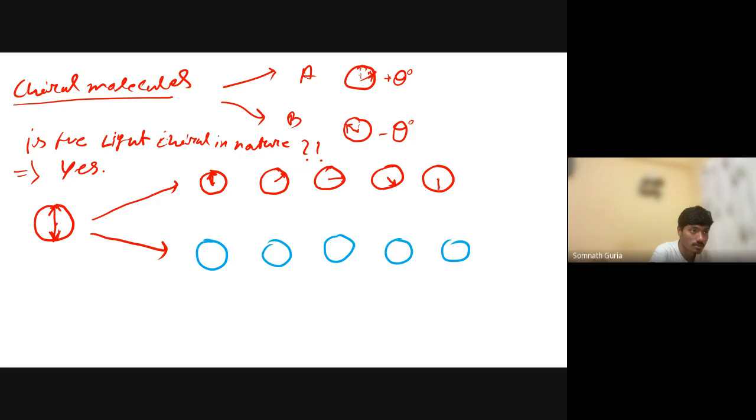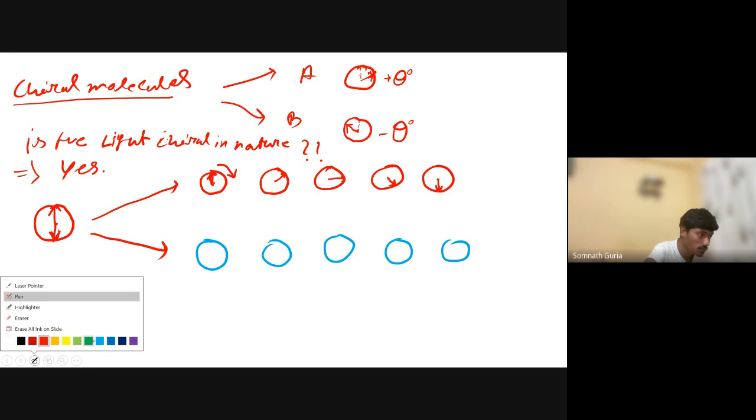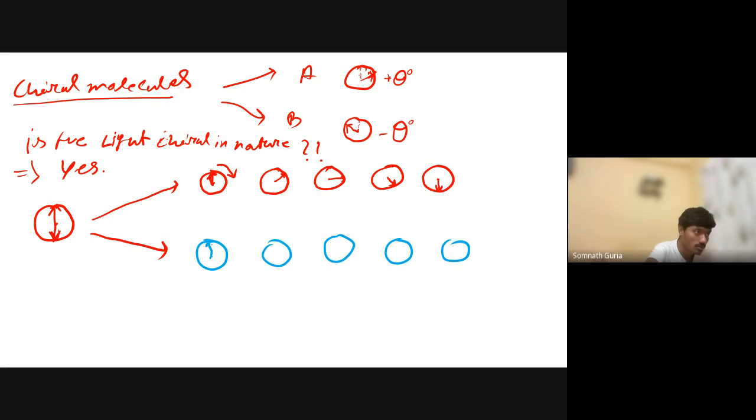This is the combination of the two circularly polarized lights. Now, this is the direction of rotation, and we have another one by the right-hand direction.